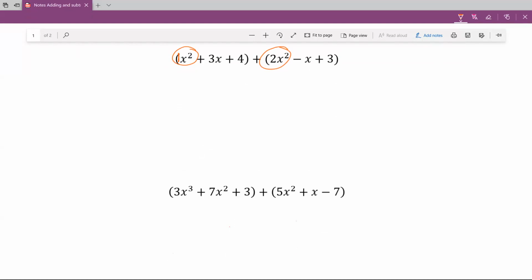So 1x squared plus 2x squared makes 3x squared. Notice I did not change that exponent. I'm adding. When I add two things with the same variable, I need the same variable for my answer.